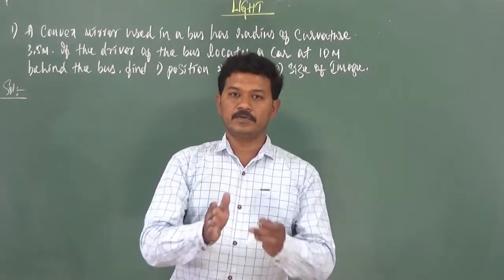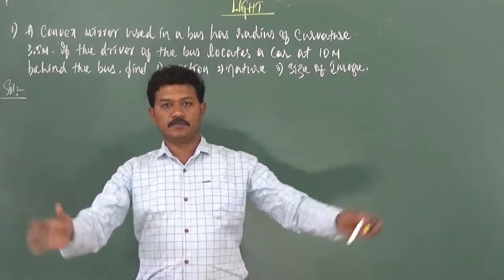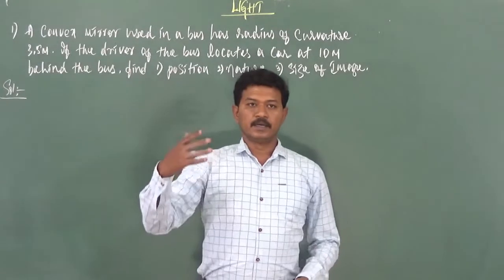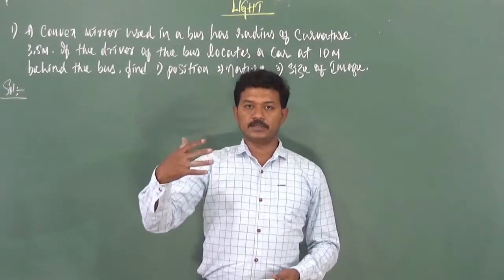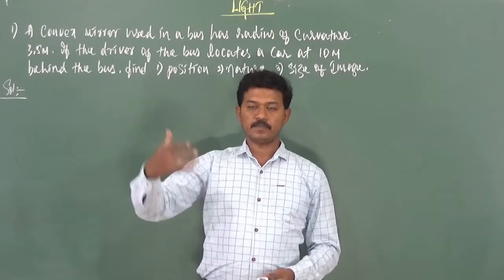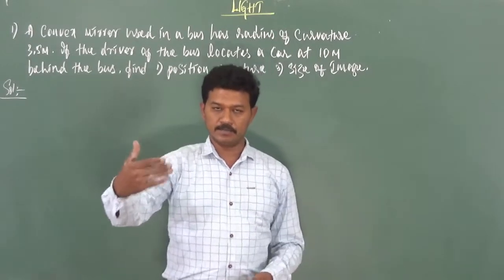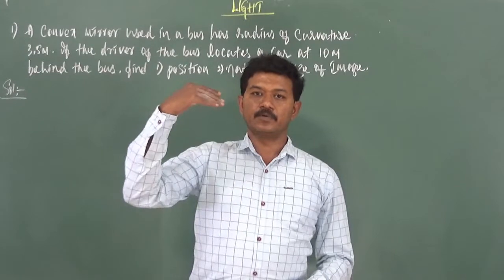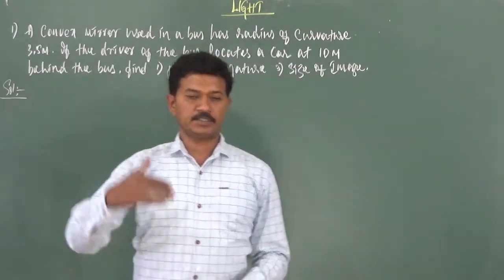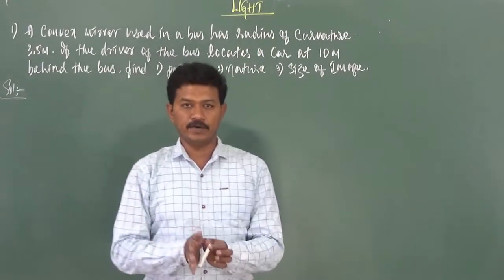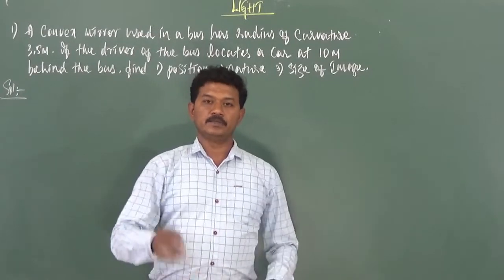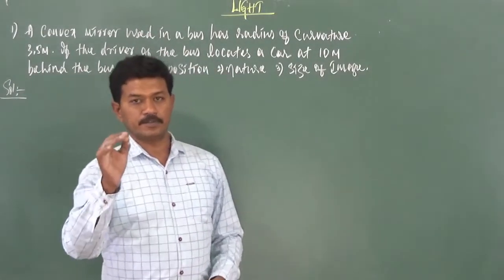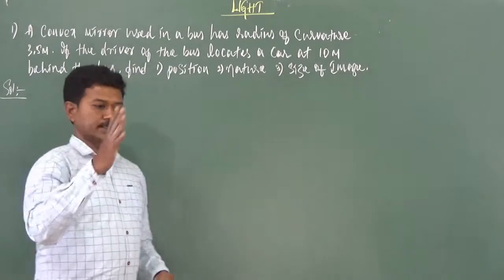Why? Because we get a wide view of the field which is behind the vehicle, and the full image of the object behind the vehicle is seen in the mirror, and it is diminished, virtual and erect, and a wide angle of view can be seen. This is why convex mirrors are used in rear view mirrors.